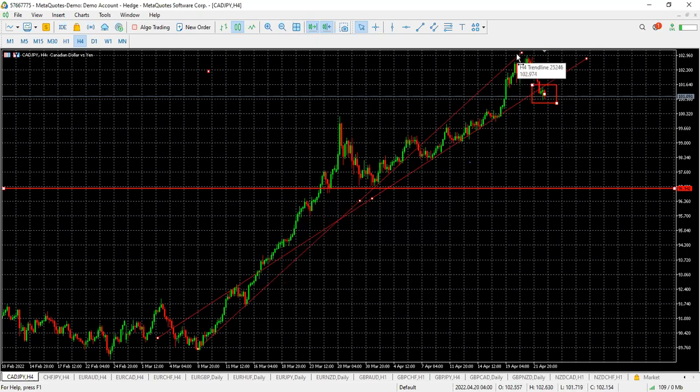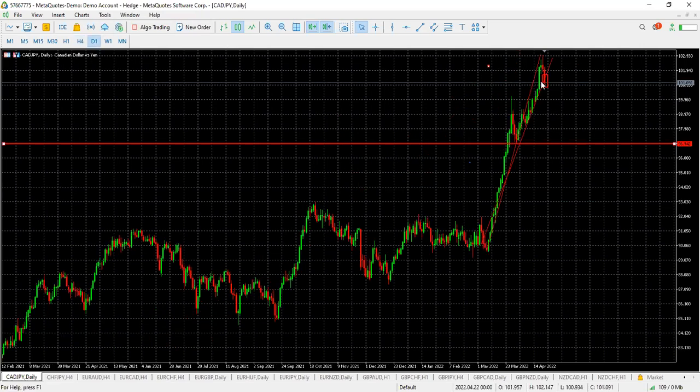Now that we've seen that the trend is broken, we can go to a higher time frame and really see the structure of the market and know where we are going. Let me go to daily. You can see that the market is at all-time high. When you are counting your trend, this is a high, this is another high.